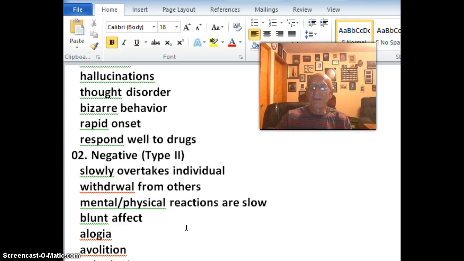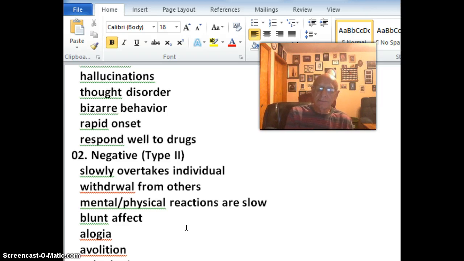If it's less than a month, they have another name for it, which you will find in the text. And it has to be evident for about 6 months. But the negative type 2, now remember, we have positive type 1, negative type 2 slowly overtakes the individual, where positive type 1, there was a rapid onset.